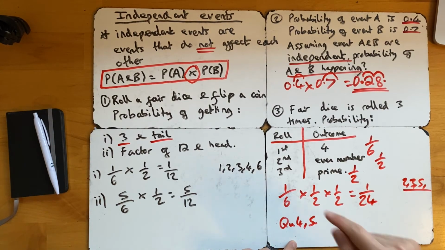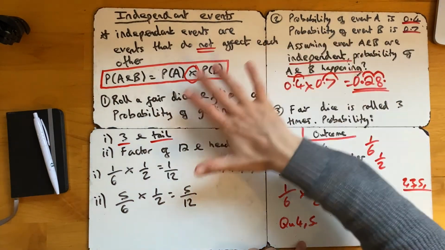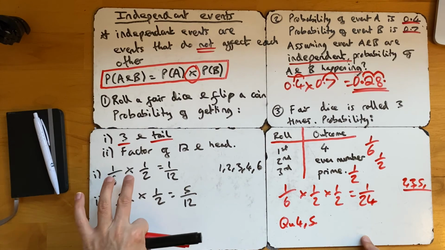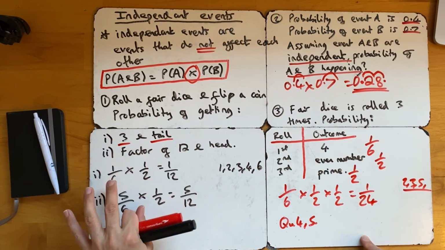Well, the first flip is going to affect the second flip result. Because if you get a head on the first one, you need to get a tail on the next to have a different result. So when it's not independent, you have to do the sample space diagram, you know, the head, tail, and all the options, and work out the probability. And when it's independent, you can use the multiplying or the fraction. We'll just call it for now the fraction method.